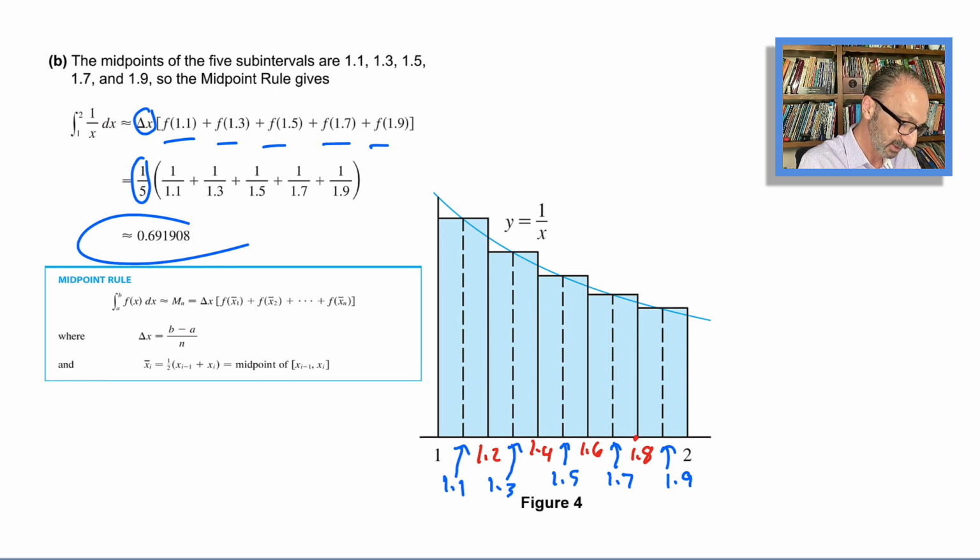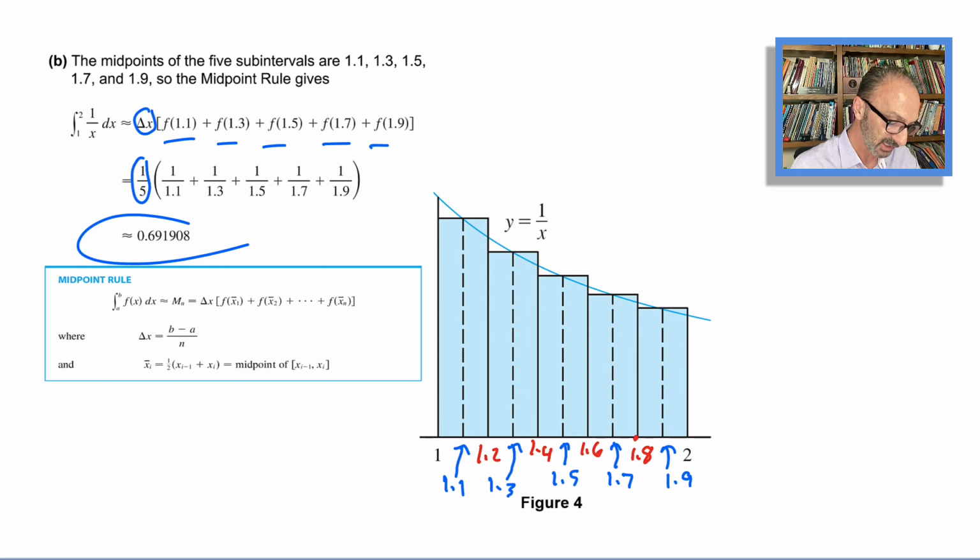We know that delta x is 1 over 5, or 0.2, and f of 1.1 will be 1 over 1.1, f of 1.3, 1 over 1.3, and so on and so on. The last one here is 1.9. F of 1.9 will be 1 over 1.9. Notice for the midpoint, we're not dealing with 2's inside. Those are just 1's.